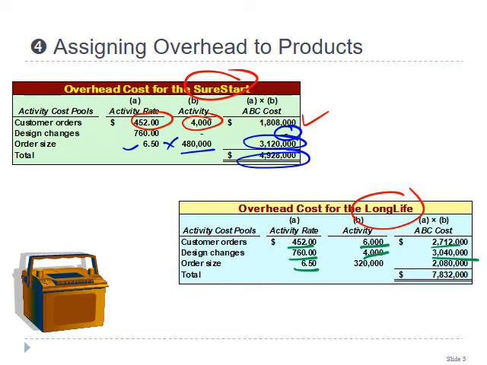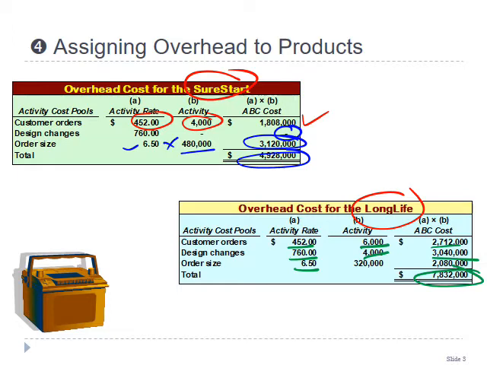The order size rate is 6.5 per order, and 320,000 are received, so the answer is 2.808 million. So the total overhead cost for Long Life is 7.832 million.